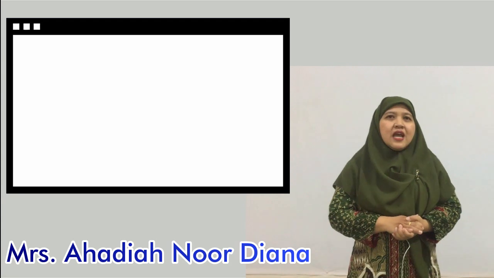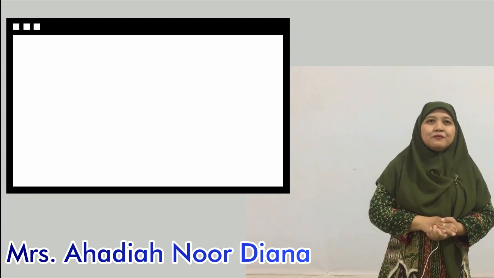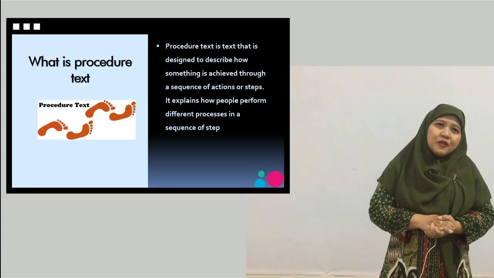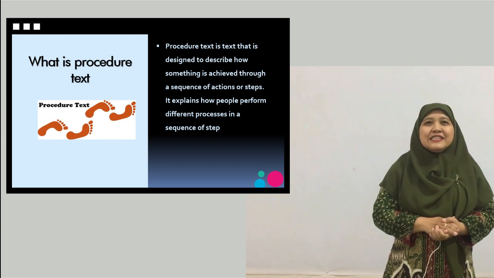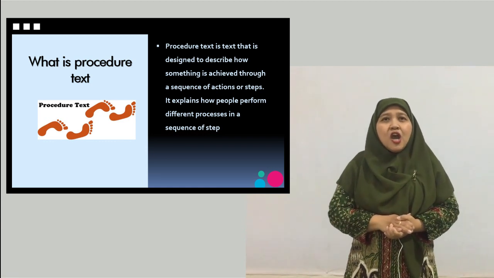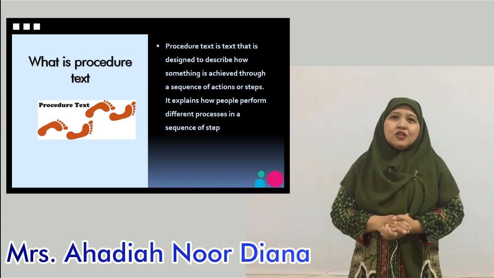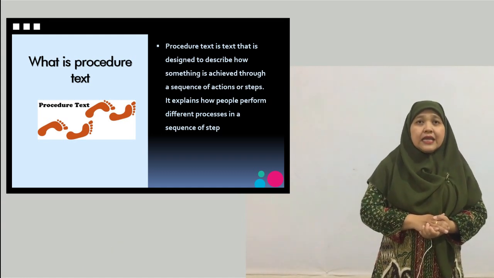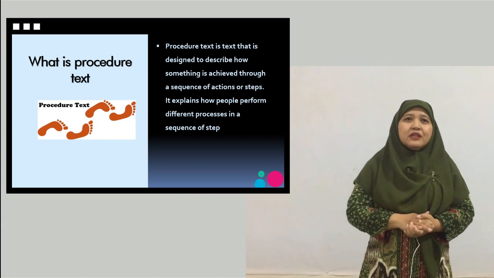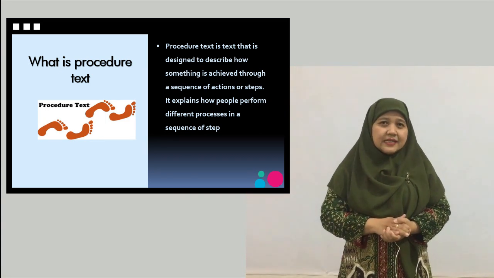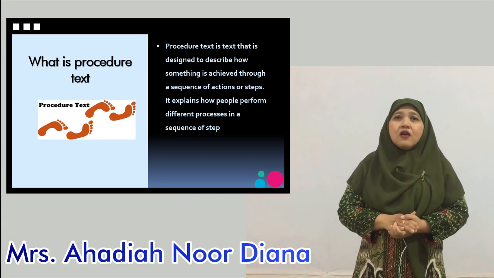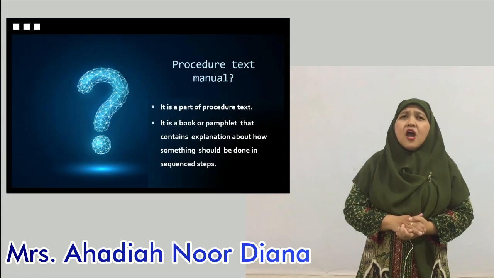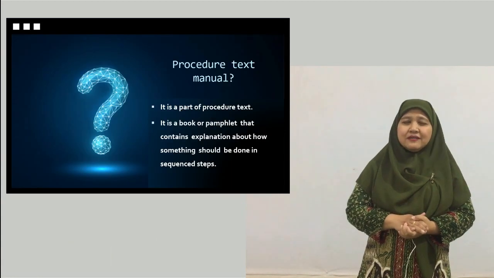Okay, students, I will remind you first about procedure text. Procedure text is text that is designed to describe how something is achieved through a sequence of actions or steps. It explains how people perform different processes in a sequence of steps. How about procedure text manual?